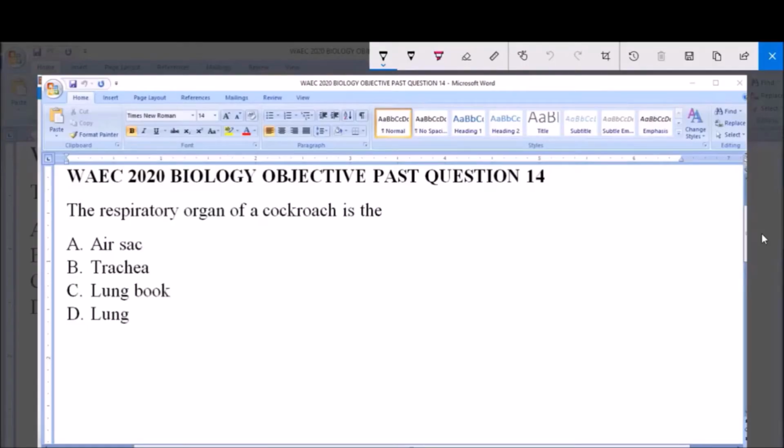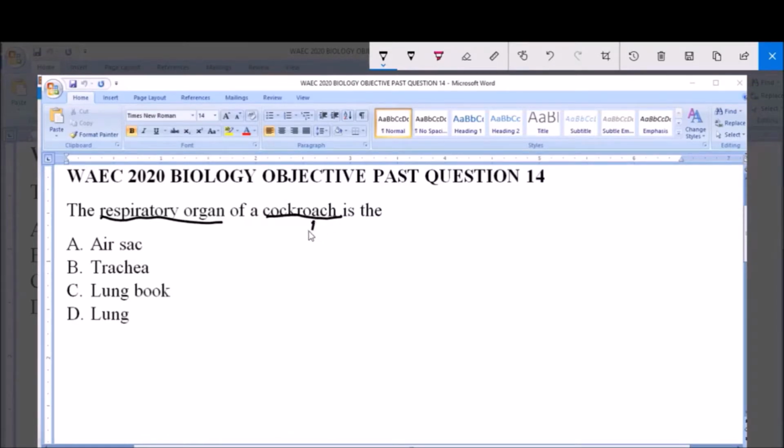Hello and welcome. I'm going to be answering WAEC 2020 Biology Objective Past Question 14. The respiratory organ of a cockroach is the: A. Air sac, B. Trachea, C. Lung book, D. Lung. So we're looking at various respiratory organs, and we're asked what is the respiratory organ of a cockroach.